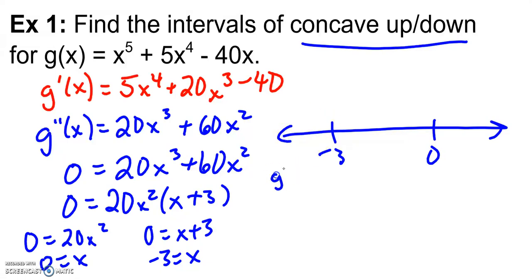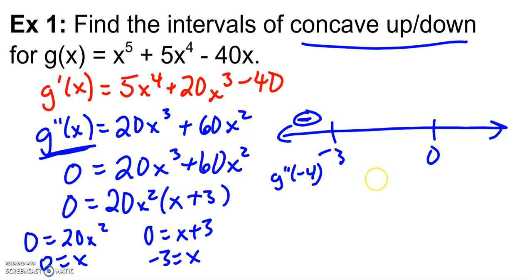Let's say that I'm going to take negative 4, and I'm going to plug that into the second derivative. And again, we don't necessarily need to know the exact number. We just need to know if it's positive or negative. Since I plug in negative 4 here, I will get a very large negative number, and I'll add it to a positive number because I'll square it there. So this is going to be negative.